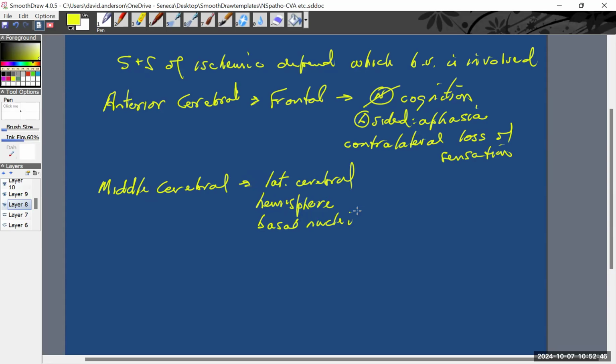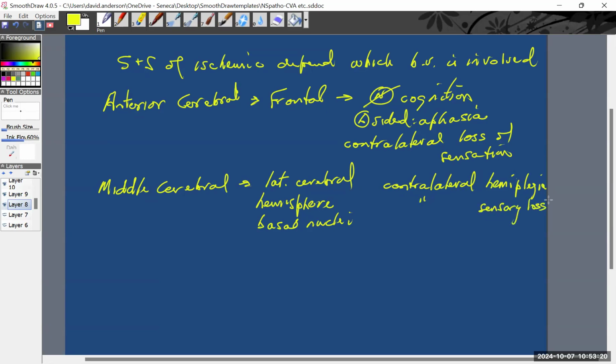So loss of function of neurons from this region is going to give us some opposite side, contralateral, partial paralysis, hemiplegia. We would see some sensory loss.